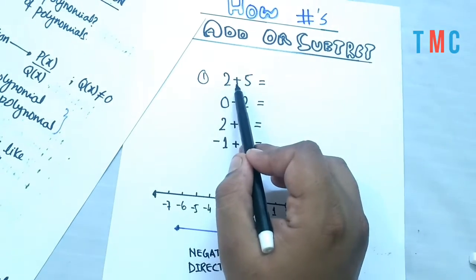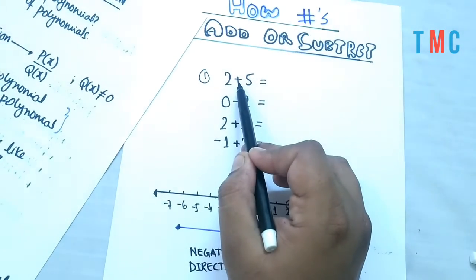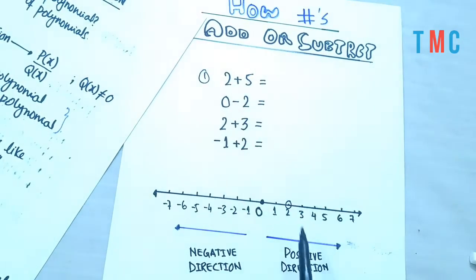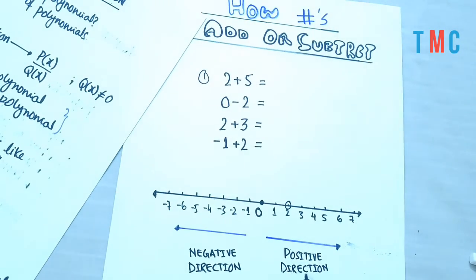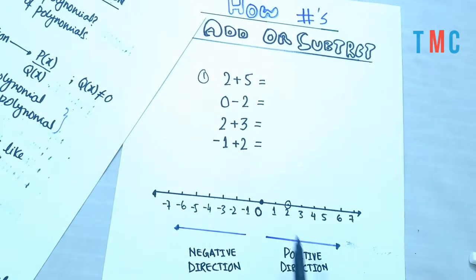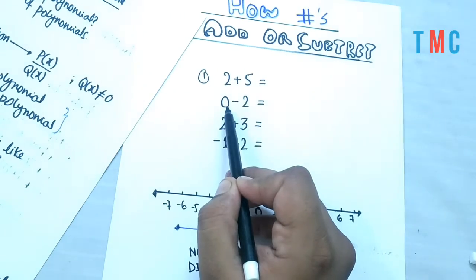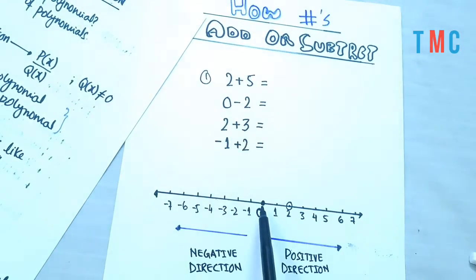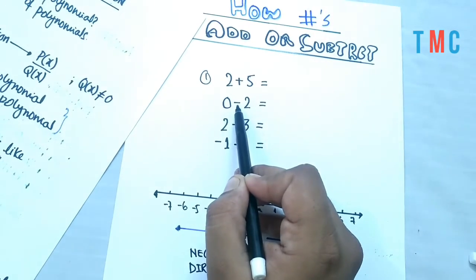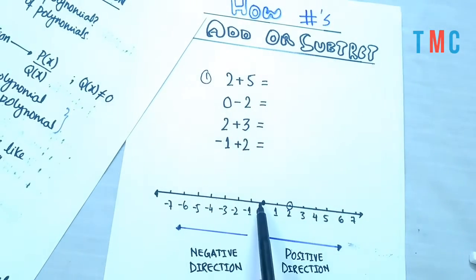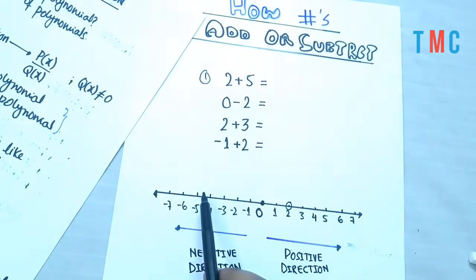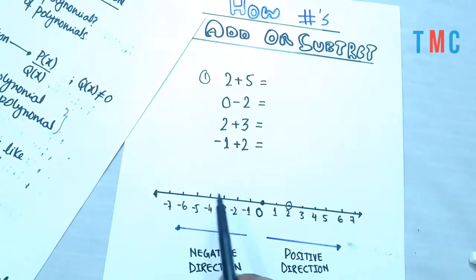Now just after 2, I have a plus sign, that means I have to move in the forward direction. Similarly, in the second example, I have to start from 0, and the negative sign following the 0 means I have to move in the negative direction, or I can say in the backward direction.